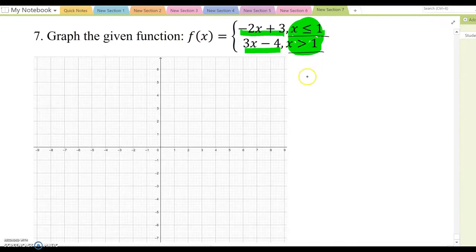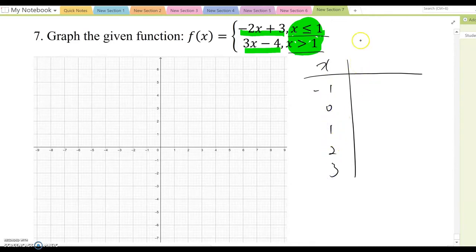So I'm gonna make a table. So x, I'm gonna do maybe negative 1, 0, 1, and 2, 3, and negative 2x plus 3, and 3x minus 4. In this case I can do until 1, so I'm gonna plug this into here.